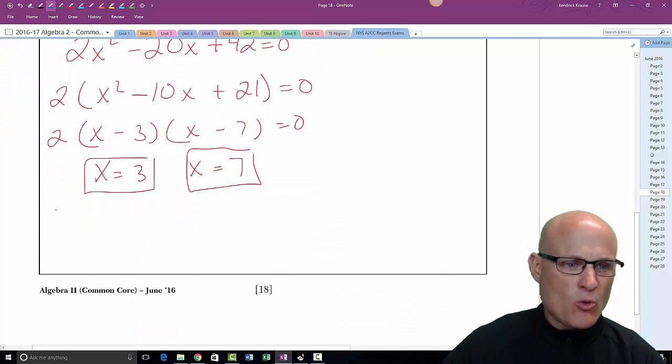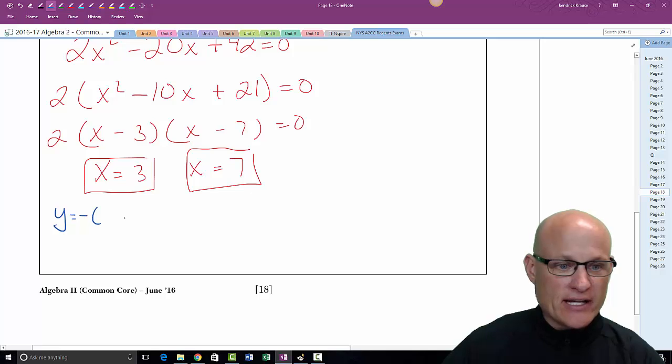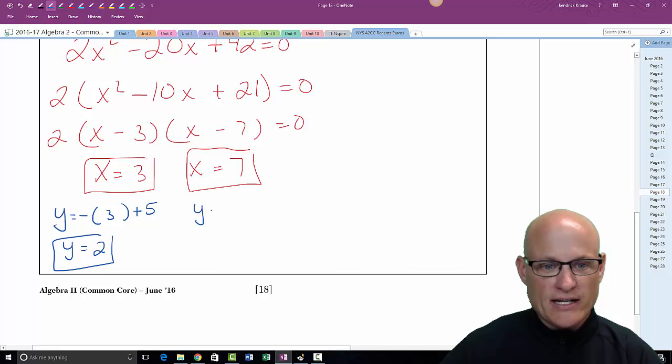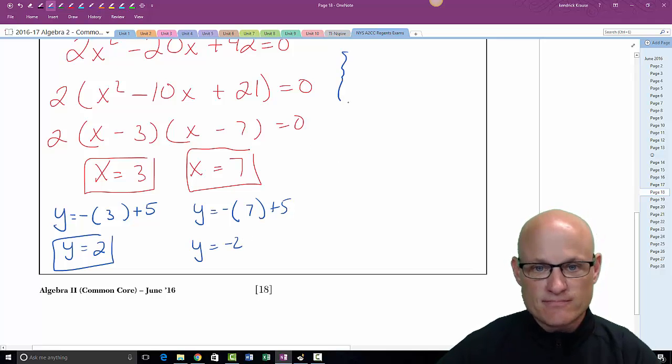So let's see. y is equal to negative x plus 5. So y is equal to 2. And over here, y is equal to negative 7 plus 5. y is equal to negative 2. So my two answers, that's terrible. Terrible. Couldn't be worse.